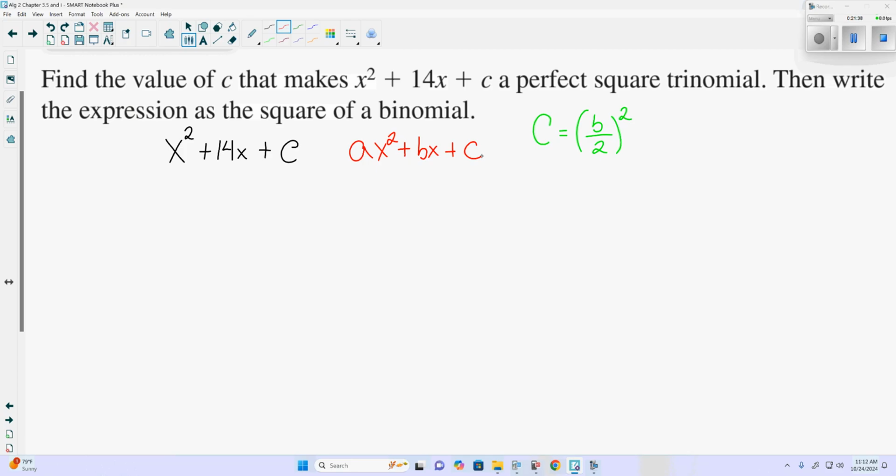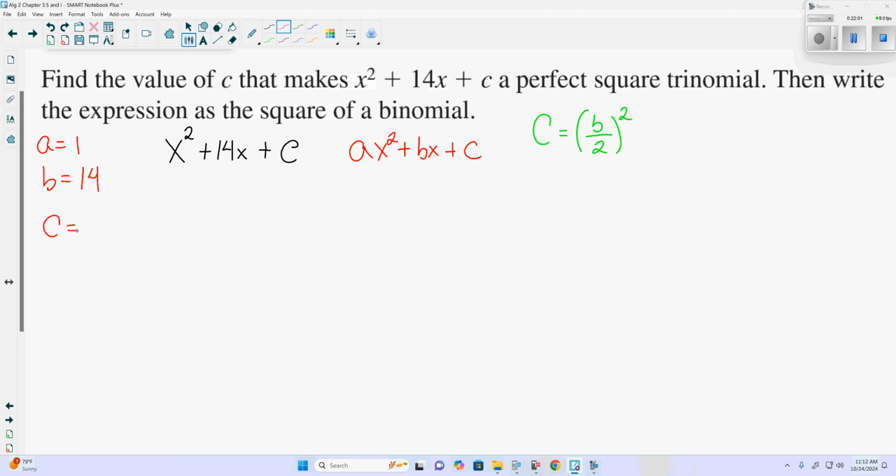A, b, and c are all coming from this general form of quadratics. And for us here, a is 1. B is 14. And c, we don't know yet. At c, we have to find it.